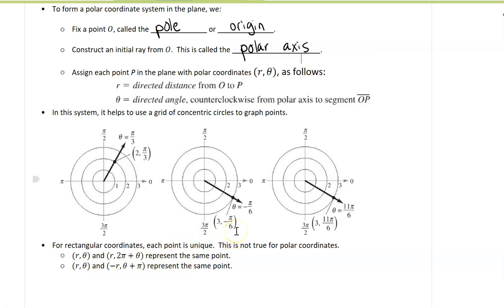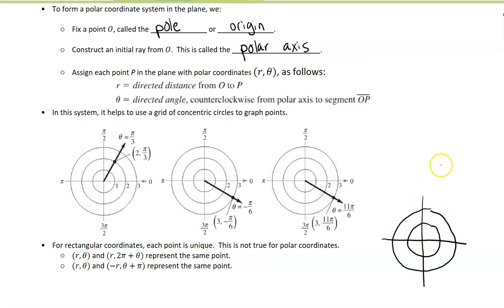So if I have a point like, for example, say this is my circular grid, and I'm going to show you some of my horrible artwork right now. I'm not an artist. But this is my circular grid. And say I want to graph the point (-2, 7π/4). So 7π/4 goes around the circle and is here. But when you have a negative value here, instead of going in the positive direction 2 units, you're actually going to go away from the angle.